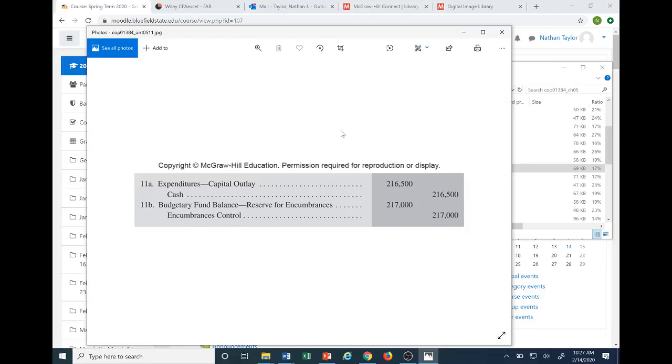So obviously we need to unencumber $217,000. So we debit the budgetary fund balance reserved for encumbrances and credit encumbrances control for $217,000. And then obviously we debit expenditures capital outlay of $216,500 because that's the actual cost, and then credit cash, right?